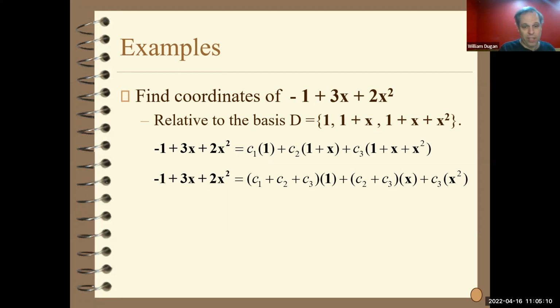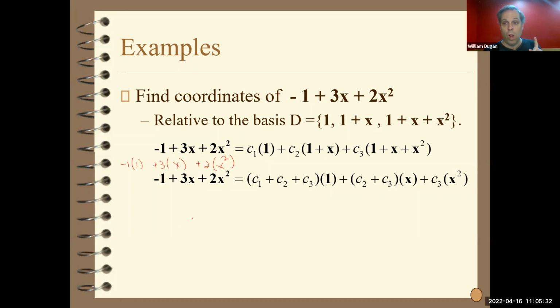And the reason is on the left-hand side, don't think of it as the vector. Think of it as -1 times the vector 1 plus 3 times the vector x plus 2 times the vector x squared. So then this would be a linear combination on both sides in terms of the basis vectors 1, x, and x squared.